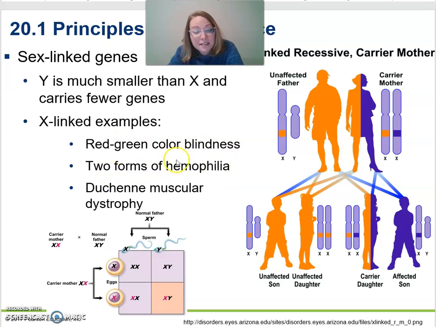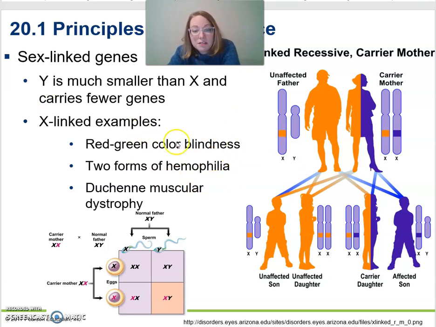Red-green color blindness, hemophilia with clotting, Duchenne muscular dystrophy, where your muscles aren't as strong. And so this is showing how that works because X-linked, the male only has 1 chance at a working gene, which here they've shown in orange, whereas females have 2 chances to get a working gene. So it's far more likely to see these disorders in males than females.